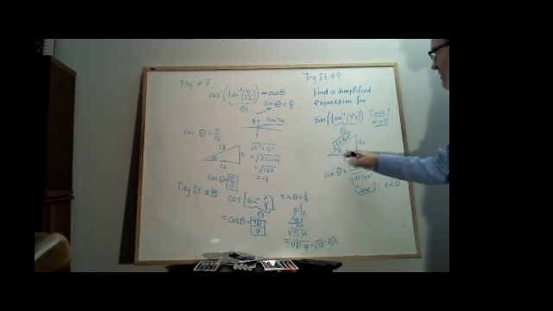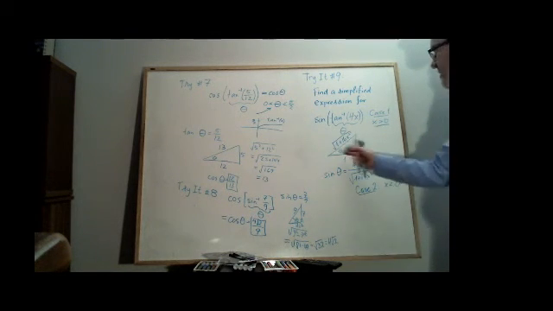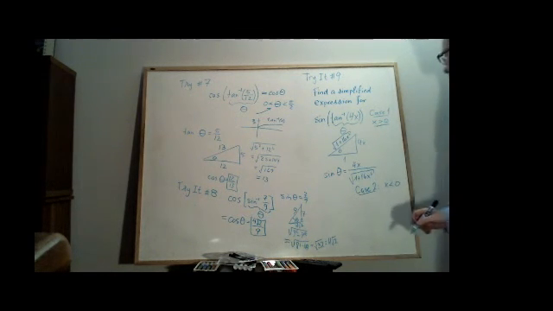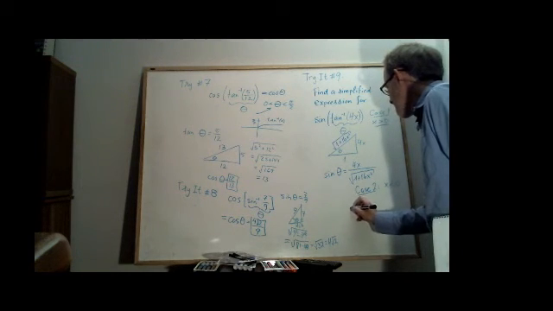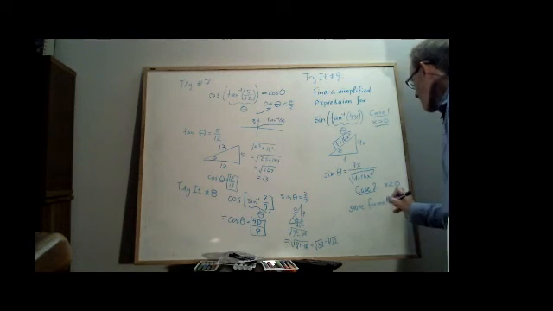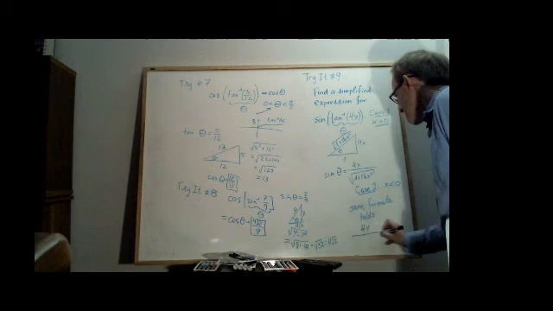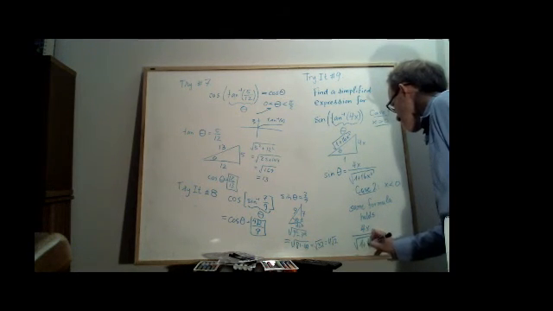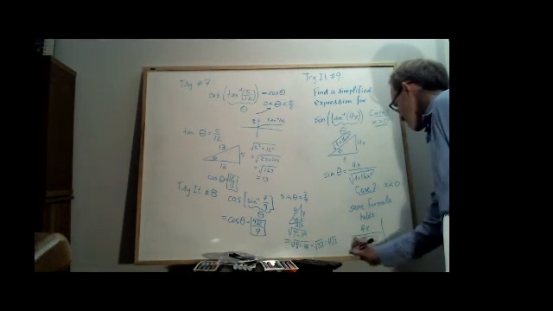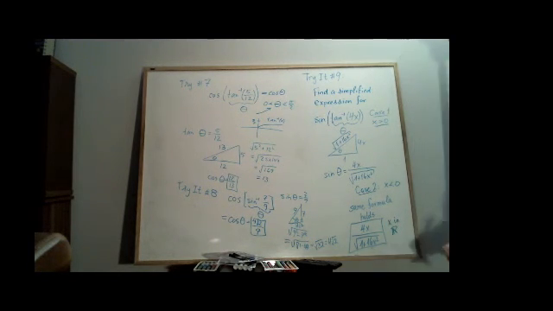This point will go below the horizontal, and that's how I can interpret this as a negative side. But the other two sides will both be positive. Okay, so the same formula holds. So that's the answer for any real x.